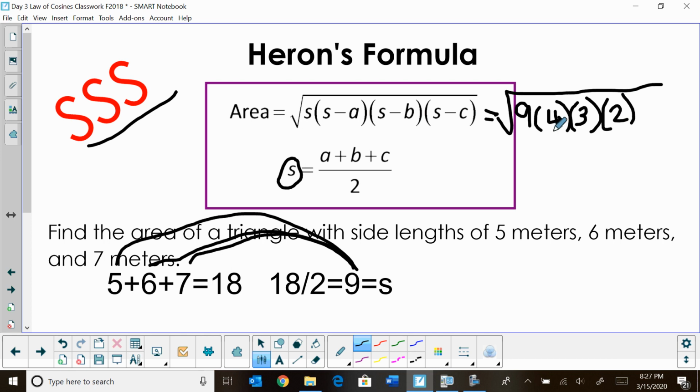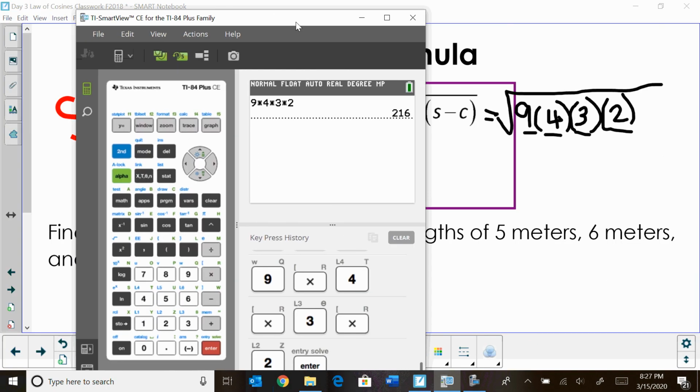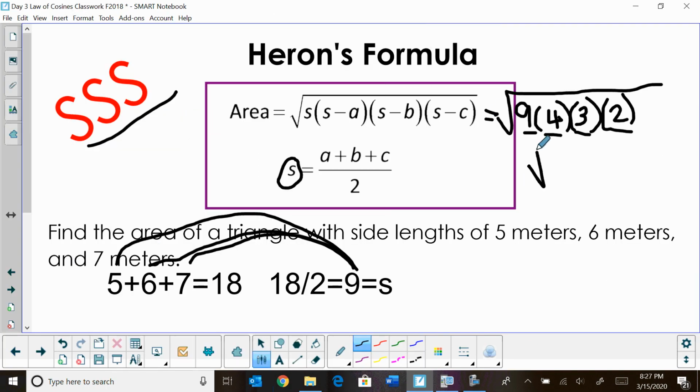So let's take the product: 9 times 4 is 36, 36 times 3 is 108, and then multiplied by 2. Let's grab the calculator and take 9 times 4 times 3 times 2, and that gives us 216. So the area is the square root of 216.